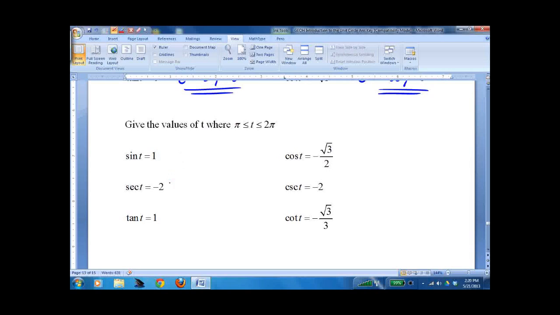This one's interesting. I don't believe there's a solution. Sine equals 1 at pi over 2, but we can't use that, so no solution.